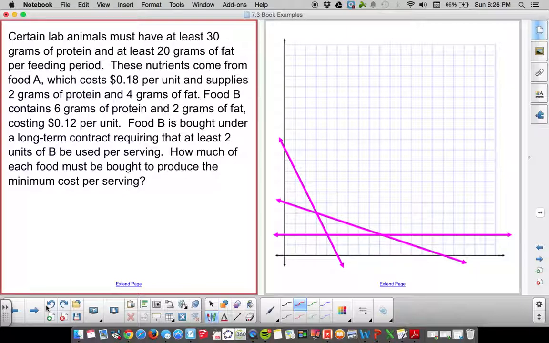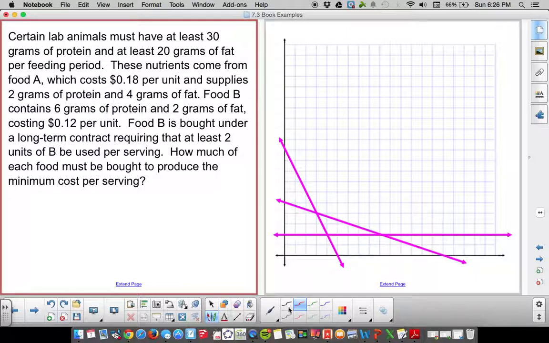Food B contains 6 grams of protein and 2 grams of fat, costing 12 cents per unit. Food B is bought under a long-term contract requiring that at least 2 units of B be used per serving. How much of each food must be bought to produce the minimum cost per serving?